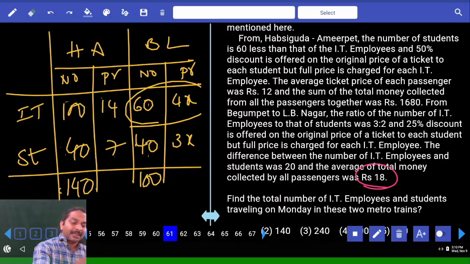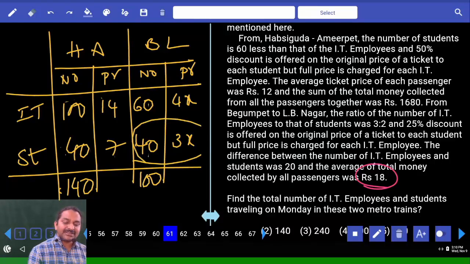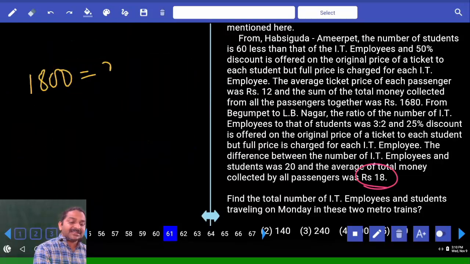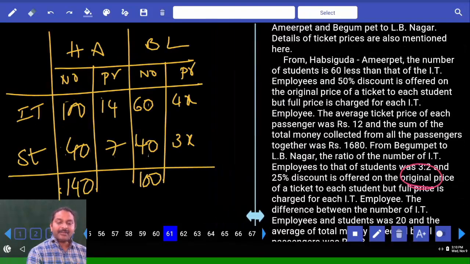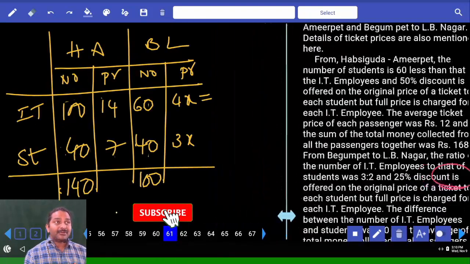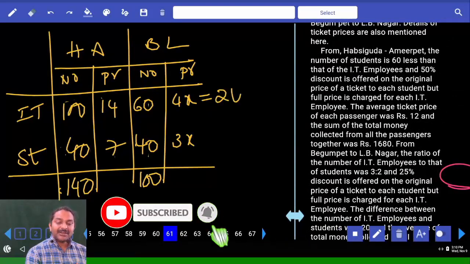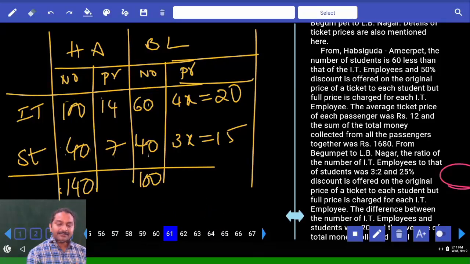Amount collected from IT 240x, from students 120x, total 360x. Then x is equal to 1800 divided by 360 only. How many times is that? 5. Got it? Sorry, x is equal to 5. 4x is 20, 3x is 15. Can you solve these questions now? Sure?